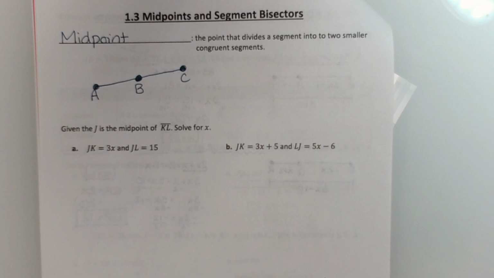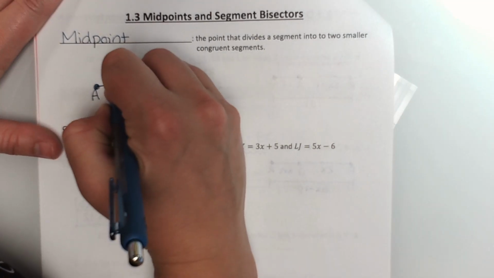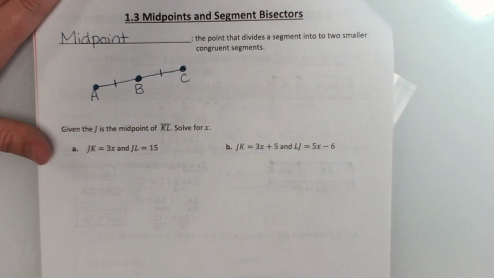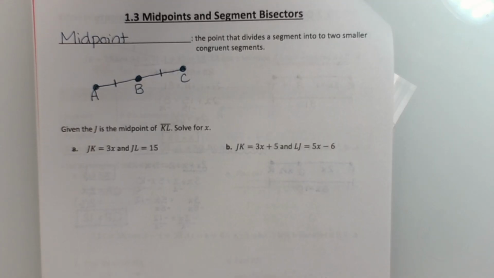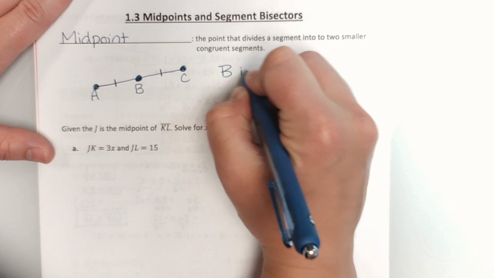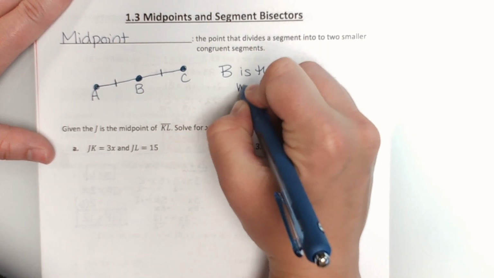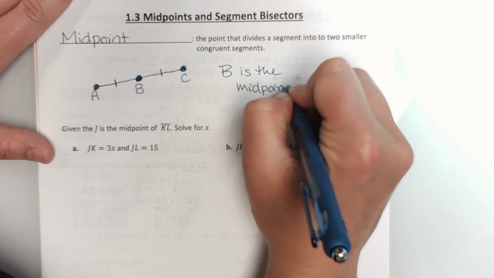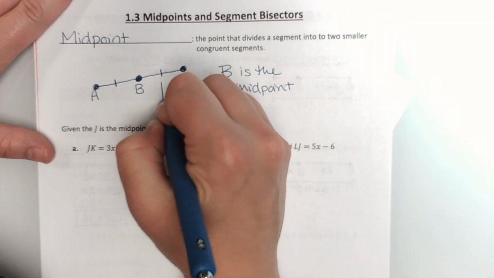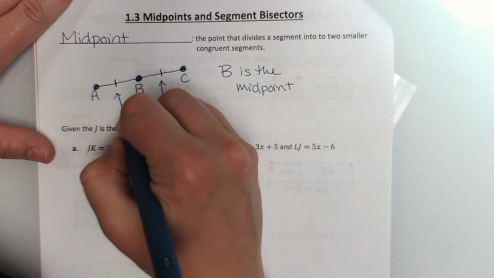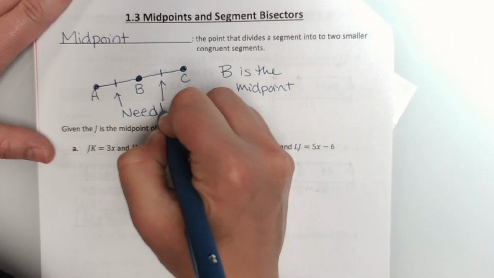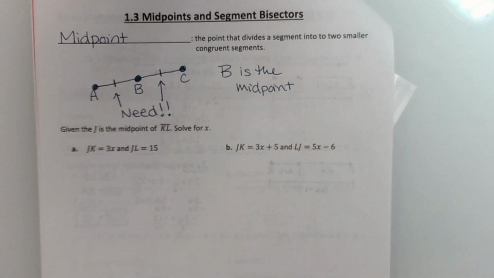But you do not know that in geometry unless there are markings to indicate that it is. So you need tick marks or at least measurements that tell us that B is that midpoint. But for something to be midpoint, those tick marks are necessary.